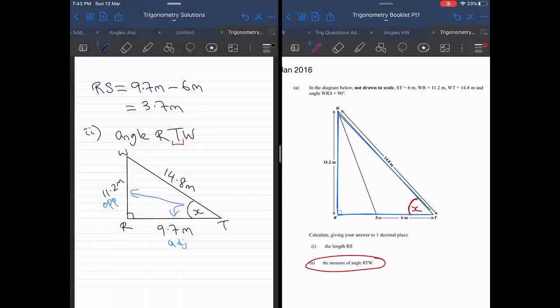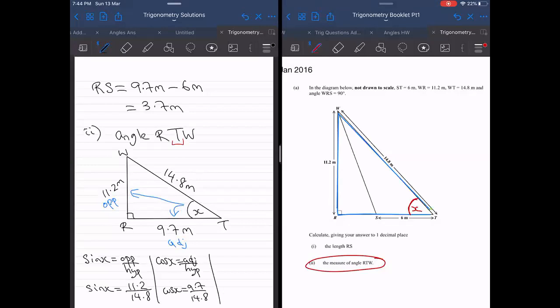For those using sine, which is opposite over hypotenuse, you are supposed to use 11.2 over 14.8. For those using cos, you are supposed to use 9.7 over 14.8.